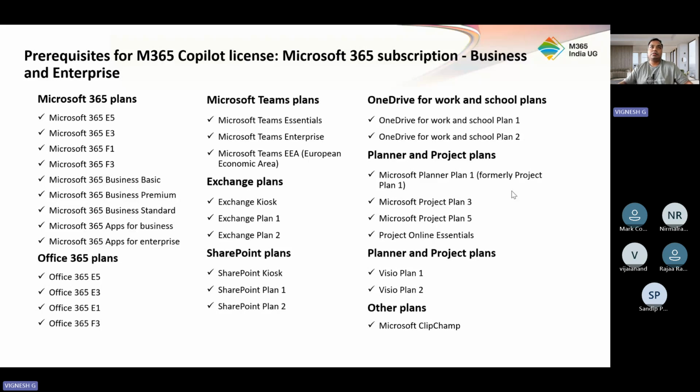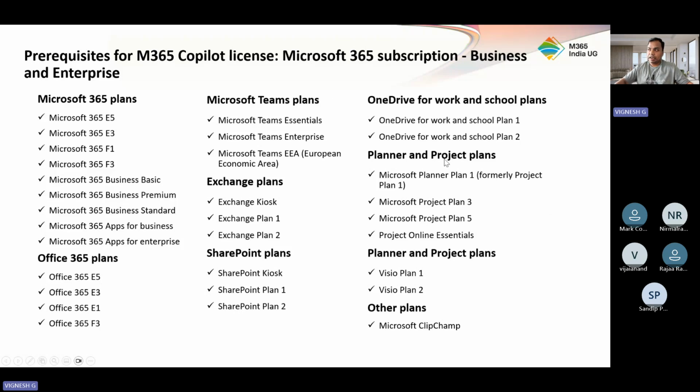If you ask me, it doesn't make any sense to give a frontline worker an E1 or an E3 or an E5. They're simply not going to make use of it, right? So in such cases, you would see organizations giving them an F1 license or an F3 license. Back in the past, you couldn't give Copilot to those users simply because the base licensing criteria didn't match. But now that's not the case.